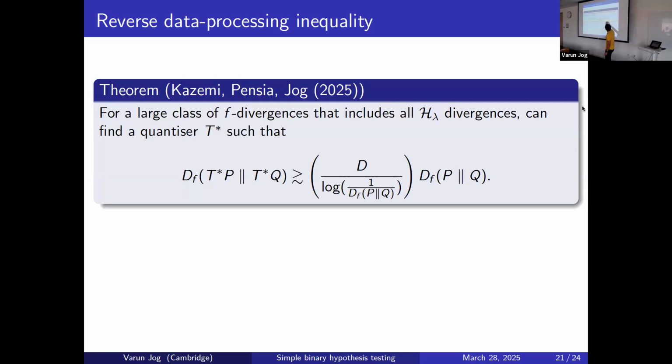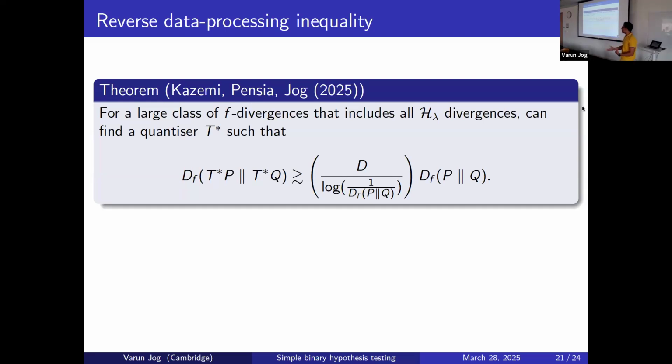So you have to pay some price. But the price that you pay is this quantity. If df is very small, then you can imagine that this d over log 1 by df is a very small quantity. So you are losing a lot of it, but you can preserve the f divergence up to log factors. Okay, so it's saying that yes, you do pay a price.